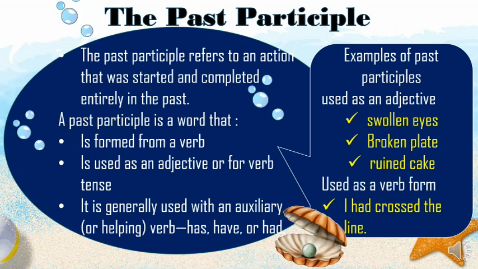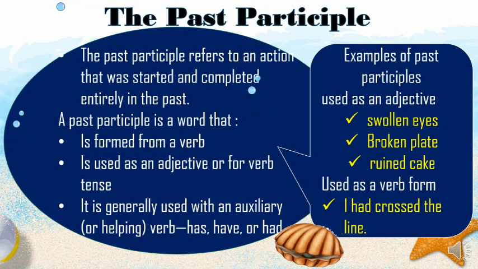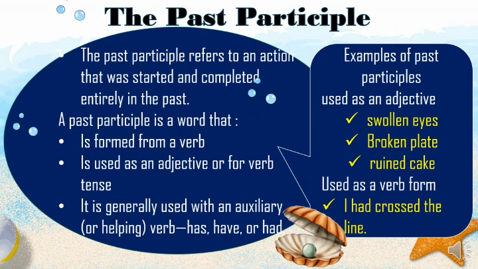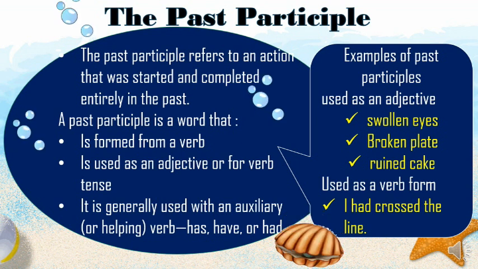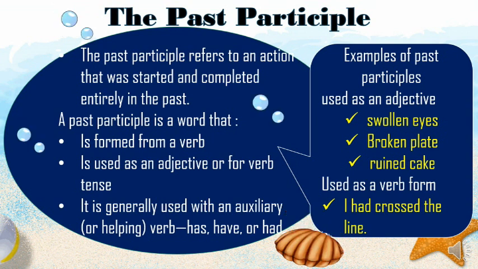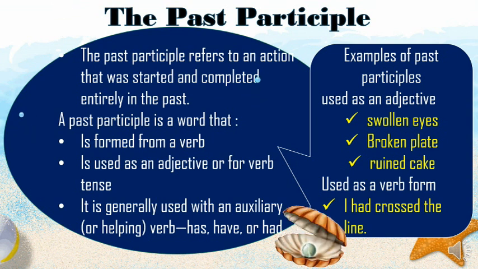I had crossed the line. So you can see the auxiliary is also used, and the past participle is crossed, right? For example, break, broke, broken. So here it's used as broken. And ruined, ruined, right?